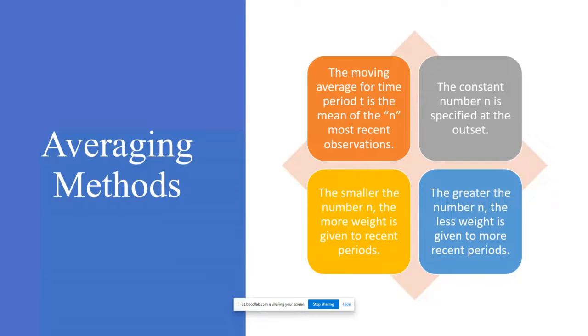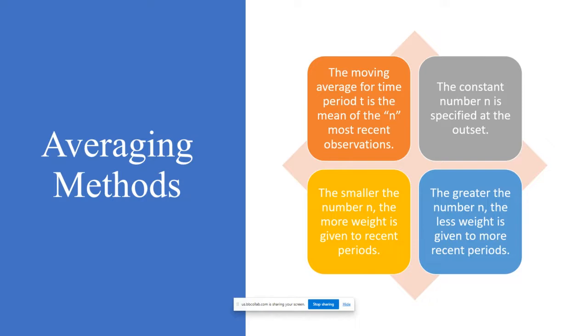Let's go into detail now about the averaging methods. So let's look through these boxes, starting at the orange box on the top left and continuing in a clockwise manner. The moving average for time period T is the mean of the n most recent observations. So n can be 3 for quarterly, 6 for semi-annually, or 12 for annual data.